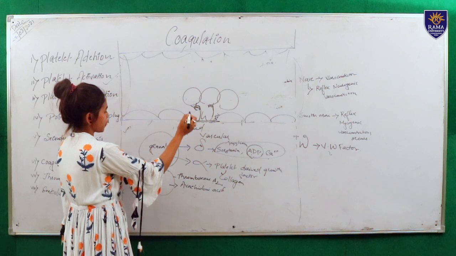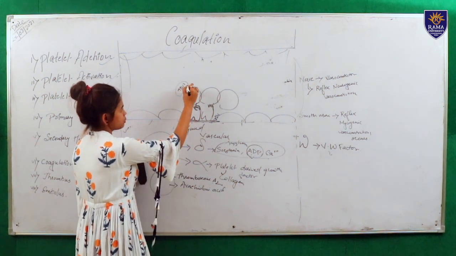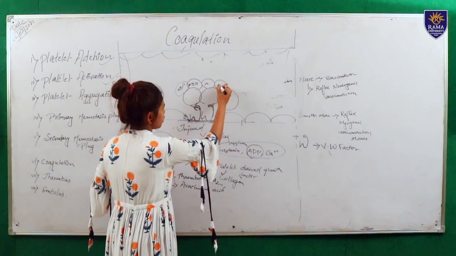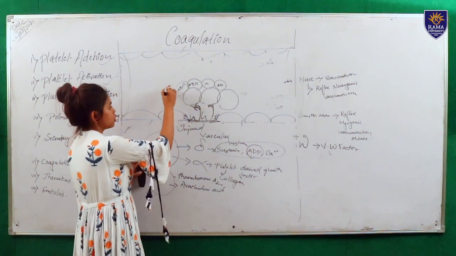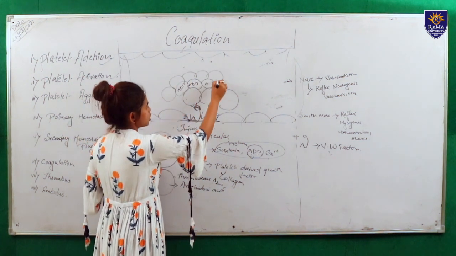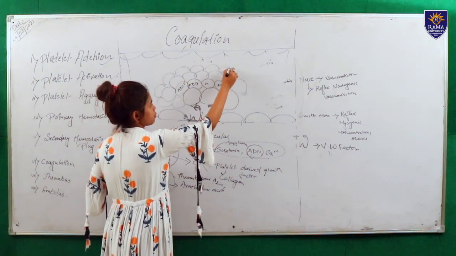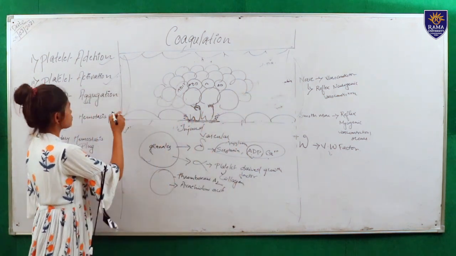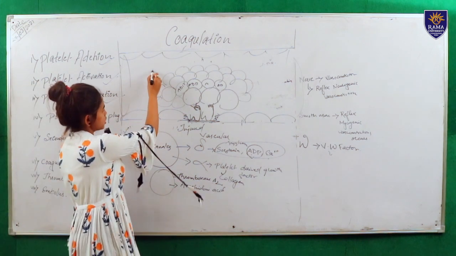So here this ADP will get attached to it and it will attract other platelets also. So this is how the clump of platelets will get attracted and attached, and this process is called platelet aggregation.